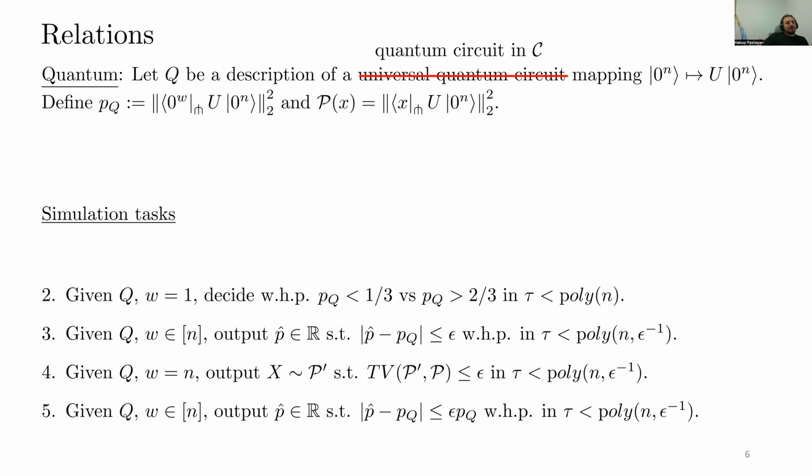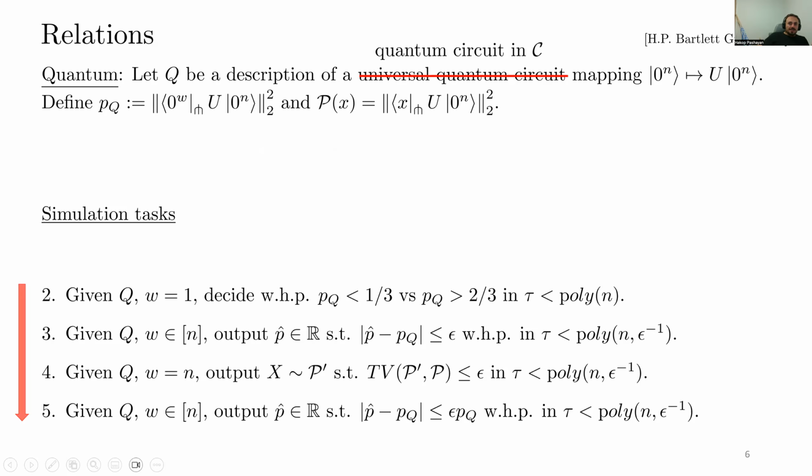So something like linear optical networks or something like that, that's sub-universal. And then you could again define all these tasks and ask how they compare to each other. And so this becomes the more general problem that we were looking at here.